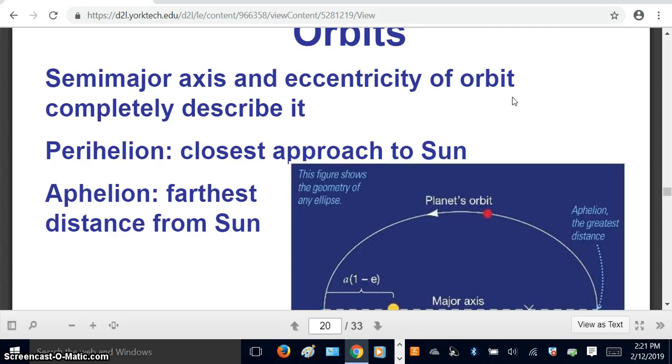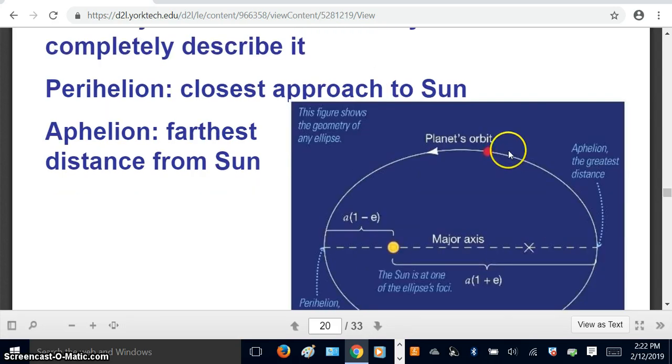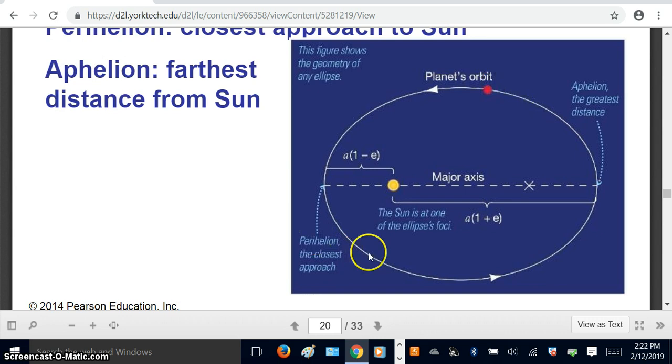Kepler would not have been able to figure out the three laws of planetary motion without Tycho Brahe's observations of Mars. If he had looked at other planets, the data would have indicated that a planet was moving in a circle, not an ellipse, and that's just because of observational error, right? Because using the naked eye is certainly not as accurate as using telescopes.